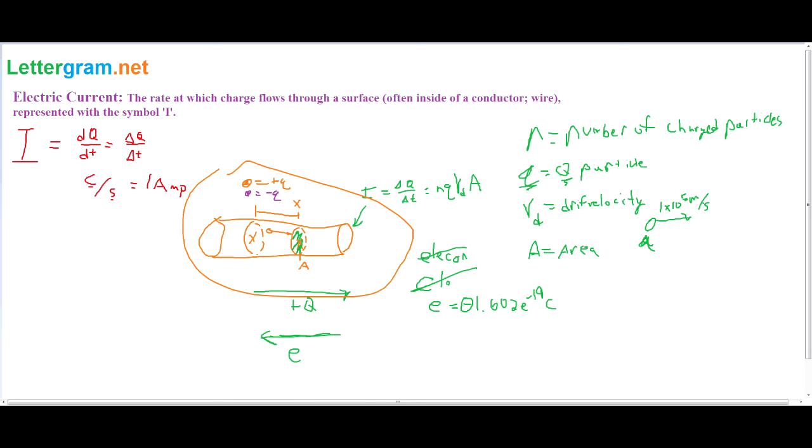If we have one positive charge going this direction, two negative charges going that way, and one positive going that way. Two negative go in this direction, so 2 negative Q, and then one positive Q going this direction.